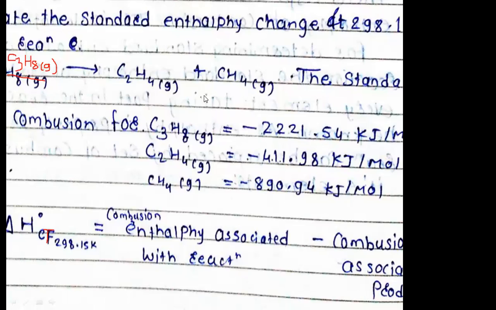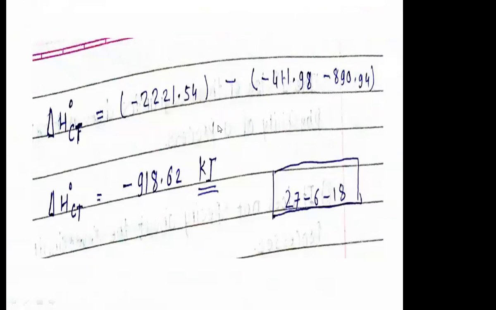In the products, C2H4 and CH4 are one constituent each. So the answer is minus 221.54 for C3H8 minus, in bracket, minus 411.98 minus 890.94, and the answer is minus 918.62.